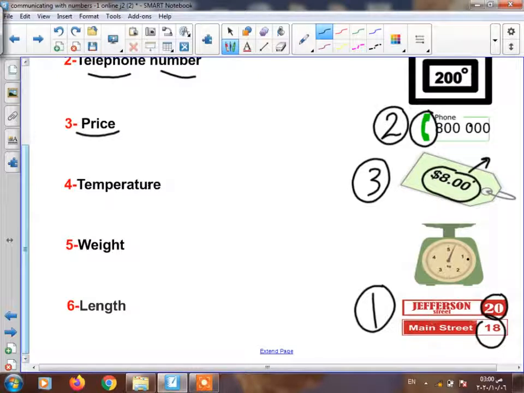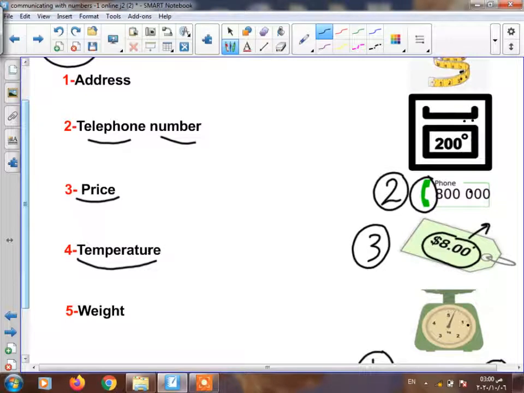Then temperature. Okay, number four, temperature. What do you think? I will write number four next to the first image or the second? Yes, second. I will write number four beside this picture because 200 degrees is information about what? The temperature of this oven.